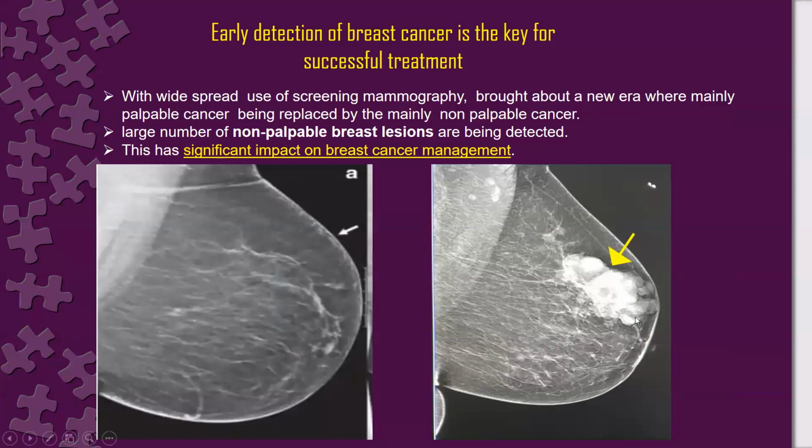Again, this is a large irregular high density mass of a palpable breast cancer.